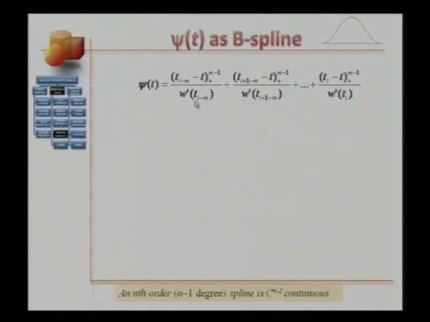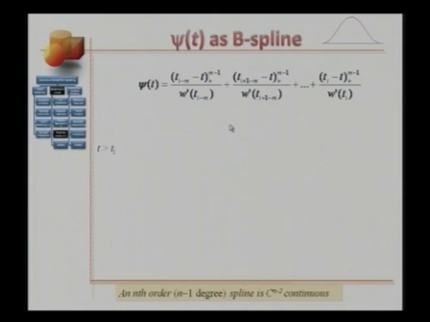We delved into this expression further, and we showed that psi of t is 0 for values of t greater than ti and for values of t smaller than ti minus m. So this knot on the right is ti, and this knot on the left is ti minus m.